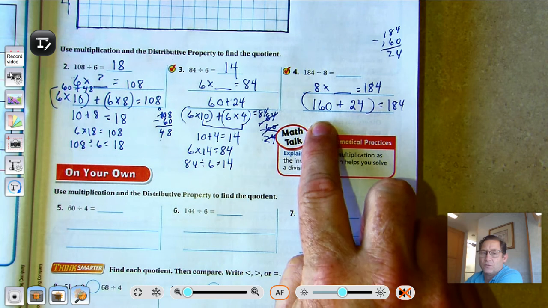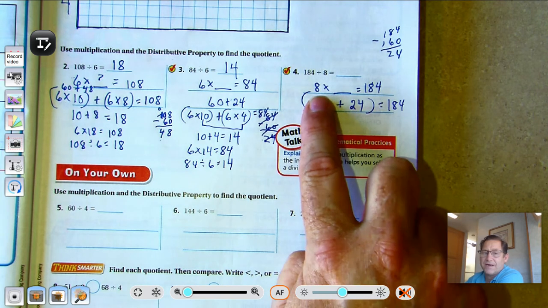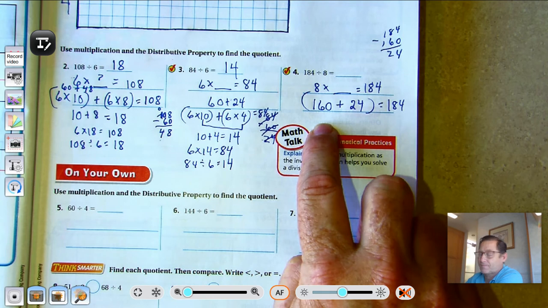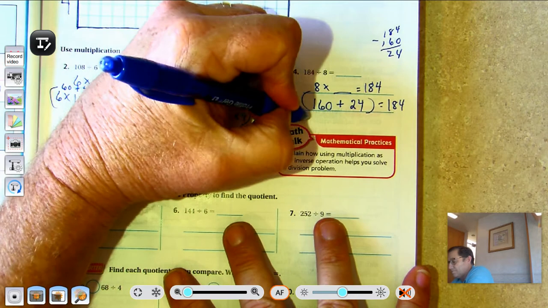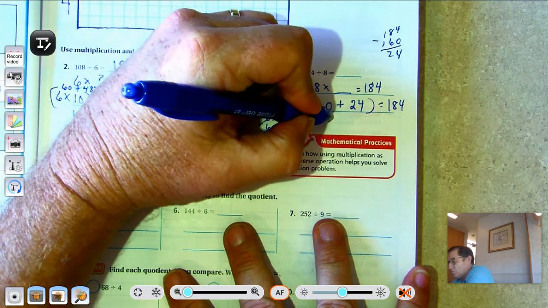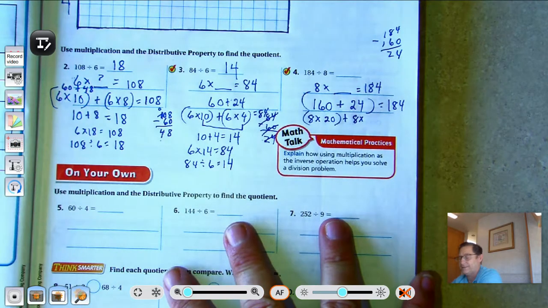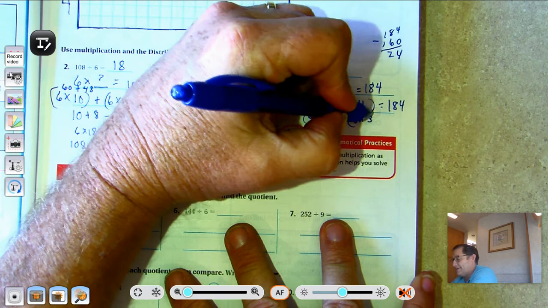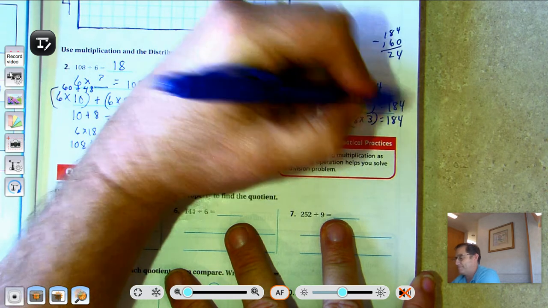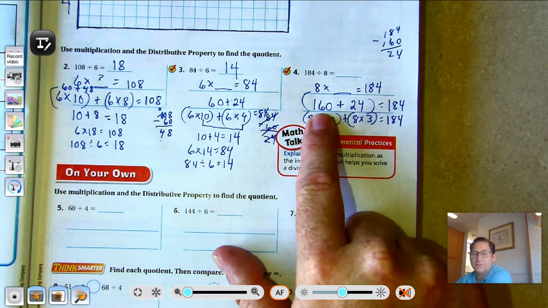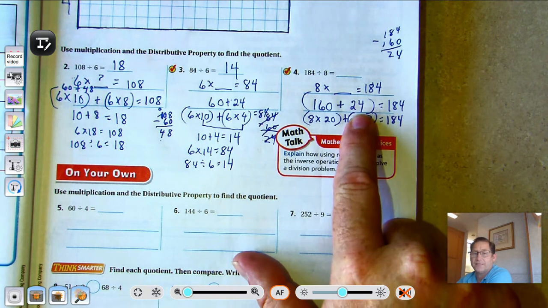The reason I went so large with this is because I know 8 times 20 is 160. So let's do that. 8 times 20 plus 8 times what is 24? 8 times 3. 8 times 20 is 160. 8 times 3 is 24.